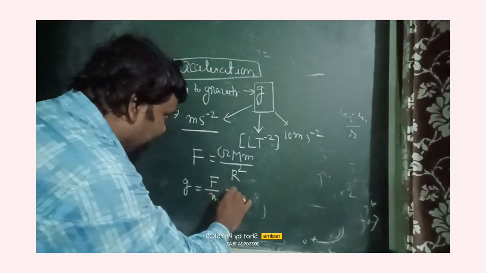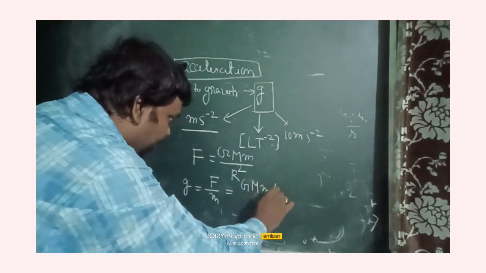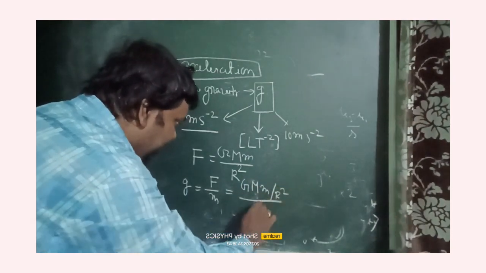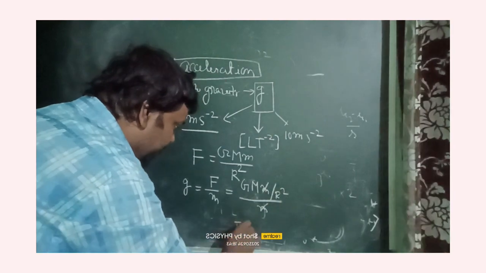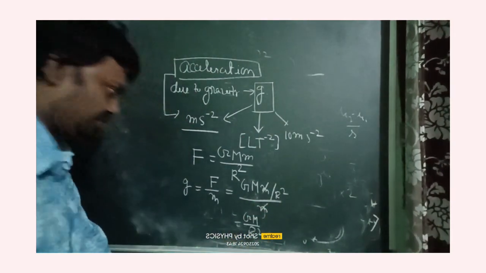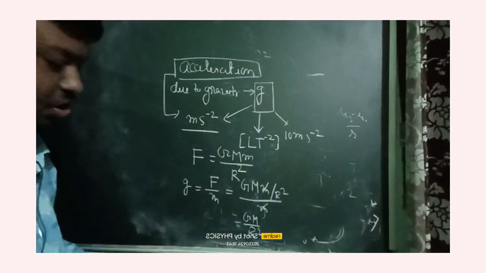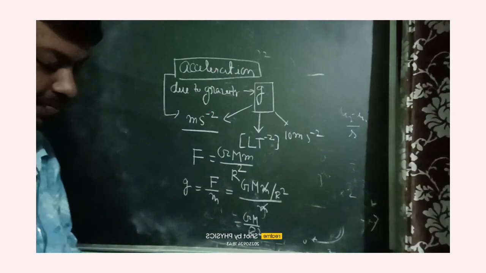Putting F in that expression, we have G M m by R square by small m. So here we have G M by R square. That is, the acceleration due to gravity expression is G M by R square.